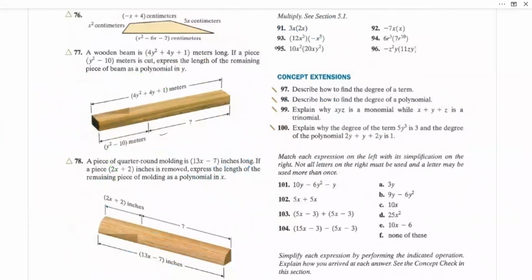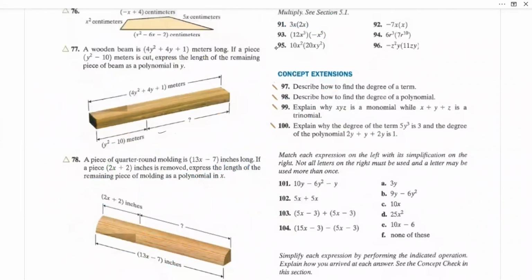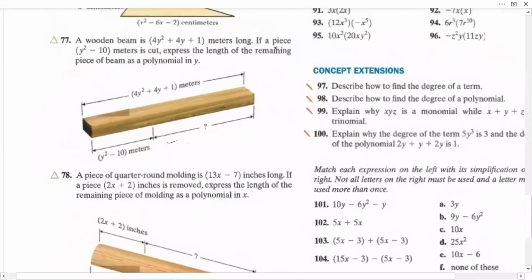77. A wood beam is 4y squared plus 4y plus 1 long. If one of the pieces is this part, what about this part? So it means this one minus this part gets the rest, right? What about this part?